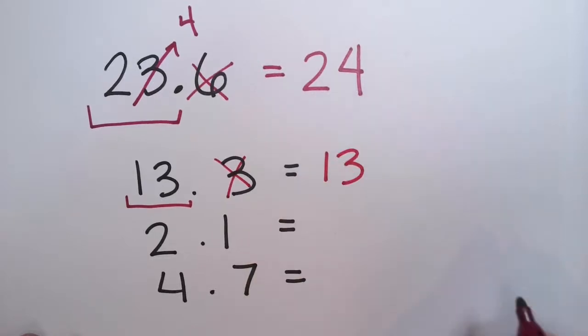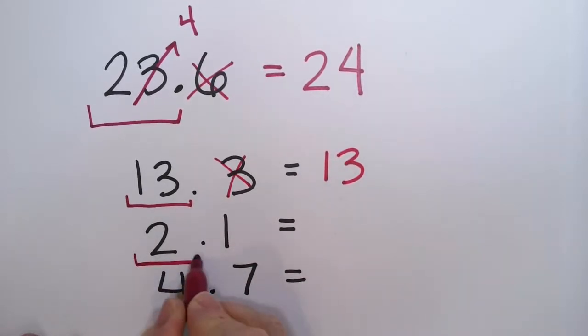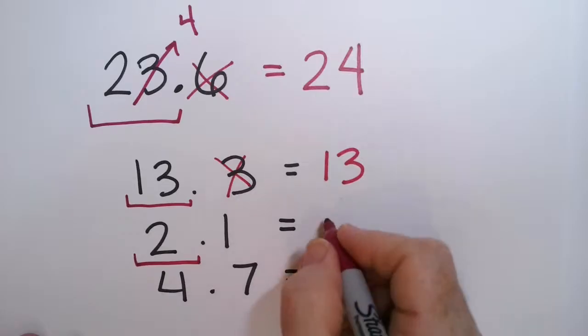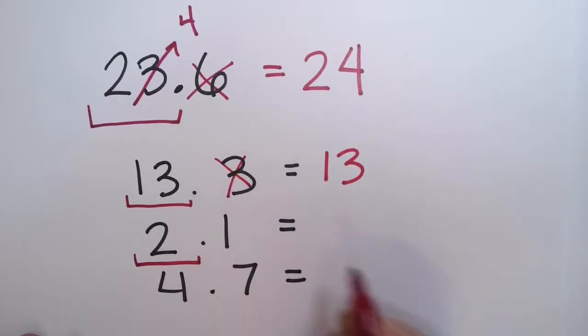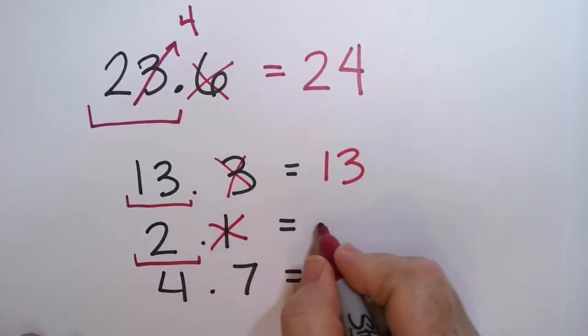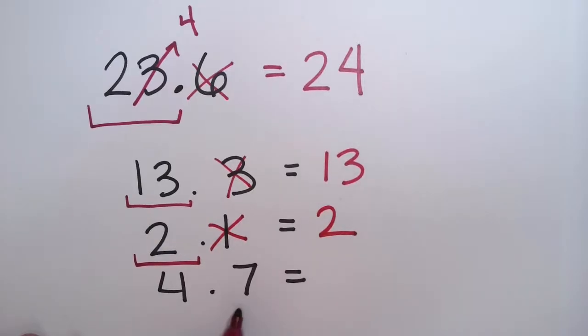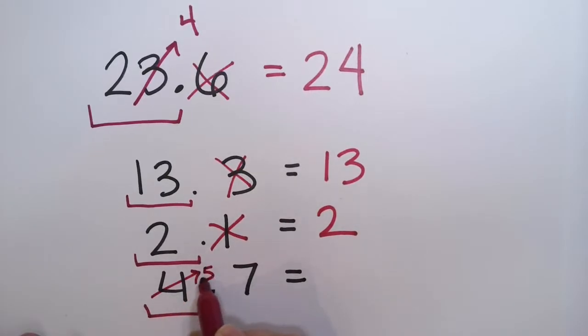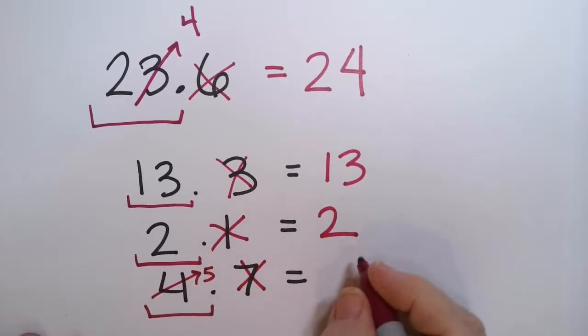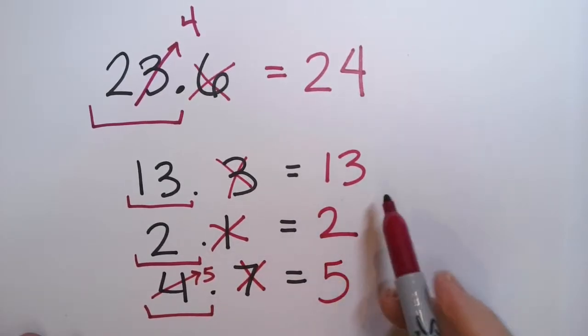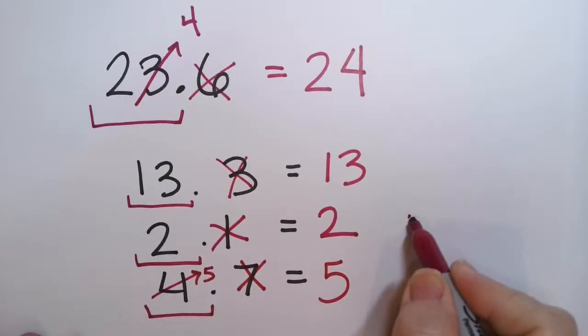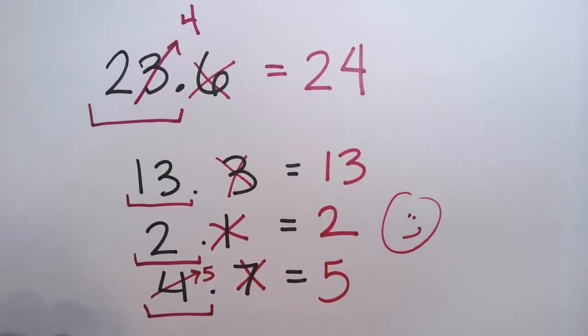So this becomes 13. 2.1, we're keeping the whole number, and we peek. Nope, that's not quite 5. We still throw it away. What about this? This is the whole number. We peek. Oh, this is above 5, so that means this gets bumped, and we still throw it away. Are you seeing how this goes? So we should have 13, 2, and 5. Did you get at least one of them, or at least know where they come from now?